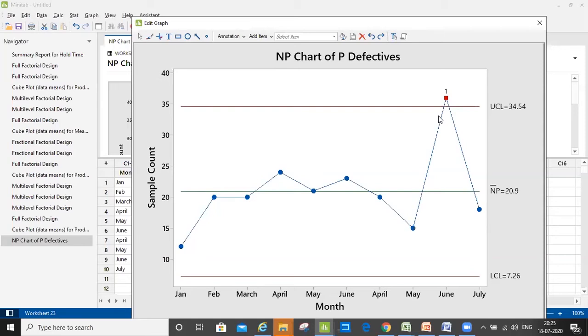Great, wonderful. So there is a different formula for each type of control chart. You cannot use the same formula for the NP chart, C chart or U chart. But we always need to remember that this is based on the data that has been populated, the average and the standard deviation that we have. We will never be calculating it manually because it is captured by the tool itself.